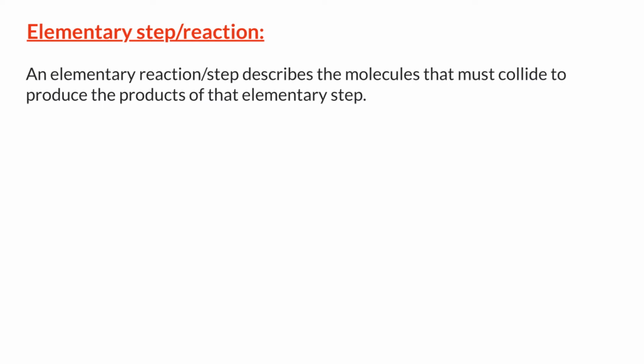Let us learn a little bit more about the elementary step. An elementary step describes the molecules that must collide to produce the products of that elementary step. It is treated as an individual molecular event.